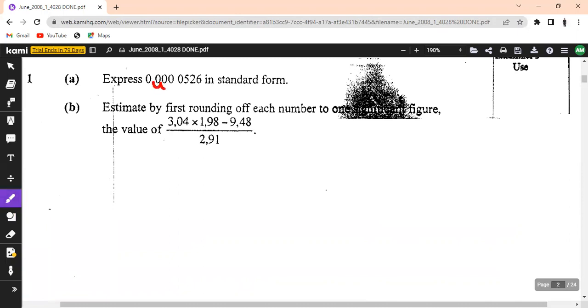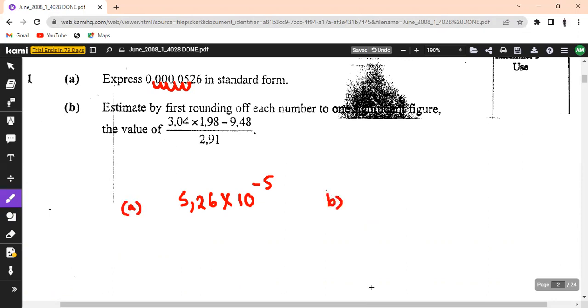That is 1, 2, 3, 4, 5, until this part at 5,26. So it's going to be 5,26 multiplied by 10 to the power of minus 5. Remember, we moved 5 commas, 1, 2, 3, 4, 5. So it's going to be to the power of minus 5. So that's what you had in this case.